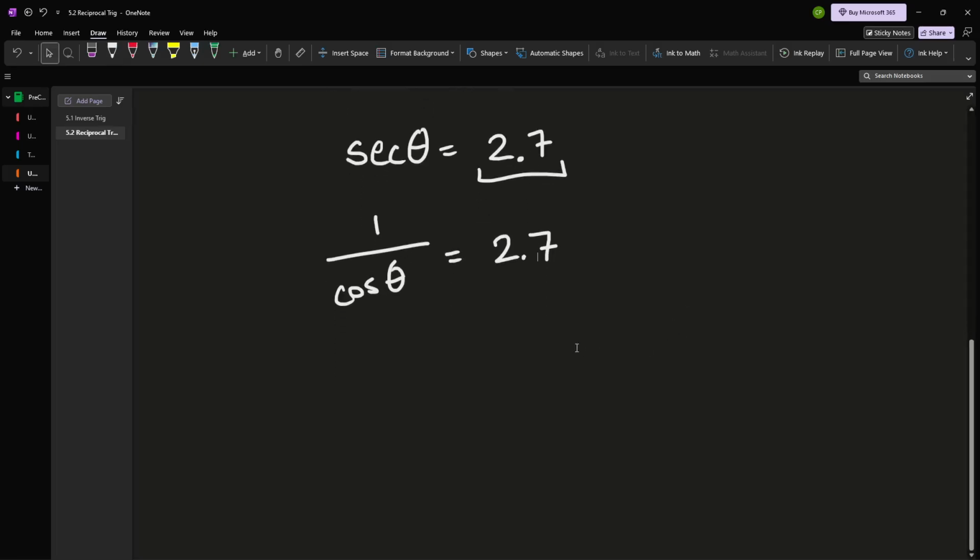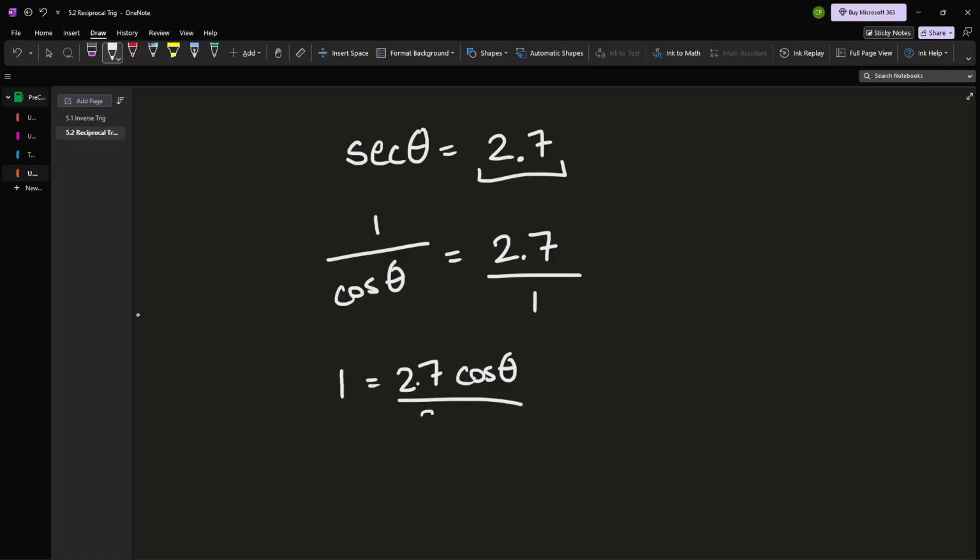We'll actually go through the process first. So one way we could solve it out is get rid of cosine at the bottom, I cross multiply. I multiply both sides by cosine, and multiply both sides by 1. So I have 1 equals 2.7 cosine theta. And then to get the cosine by itself, I divide by 2.7 to get 1 over 2.7 is equal to cosine of theta.